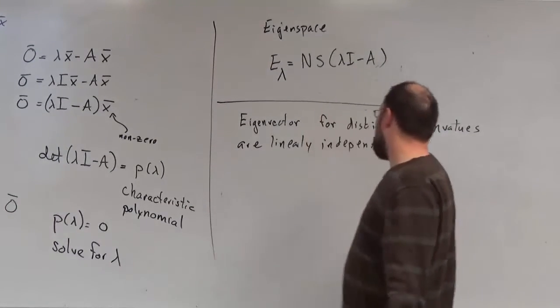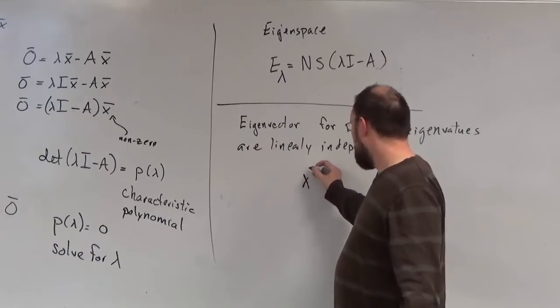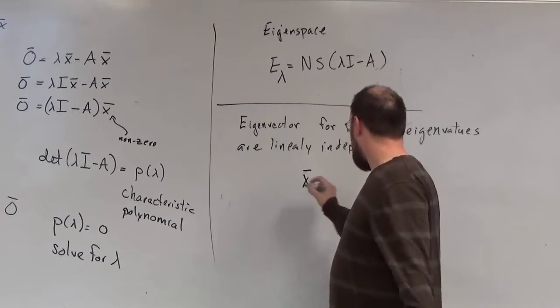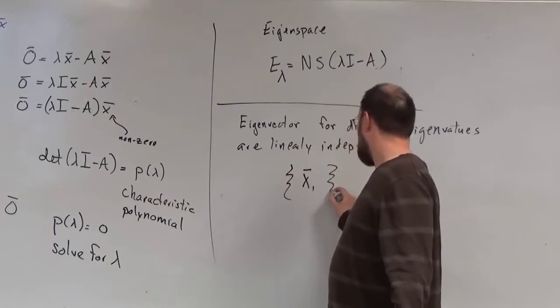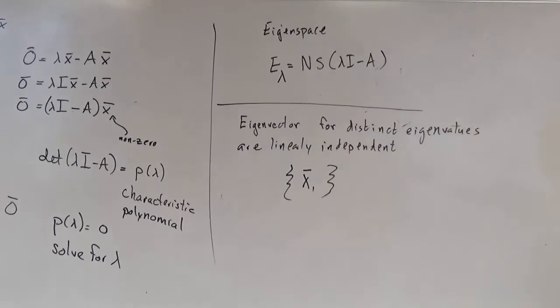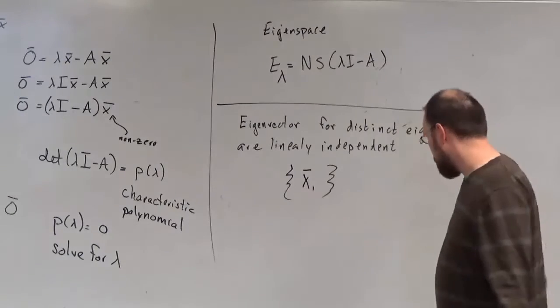And the proof here is inductive, but I won't go through it fully. So suppose we have x1 as an eigenvector, right? A set containing one eigenvector is automatically linearly independent. It's a non-zero vector. It's an eigenvector.